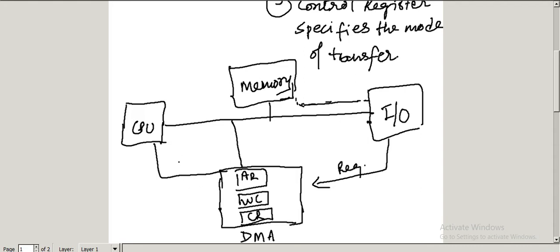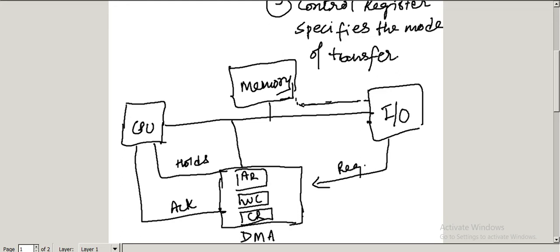So it holds for some time, okay, and when it gives permission, after giving the acknowledgement back to the DMA that yes, this permission is granted, you can access the memory, I am acknowledging you, okay?